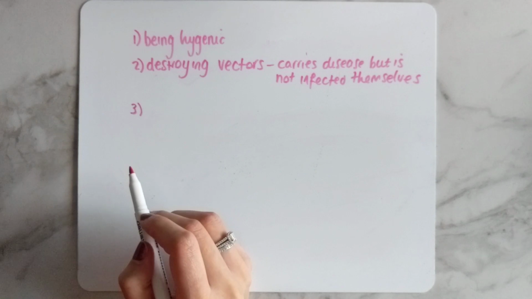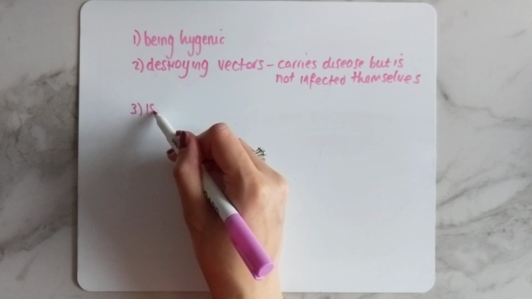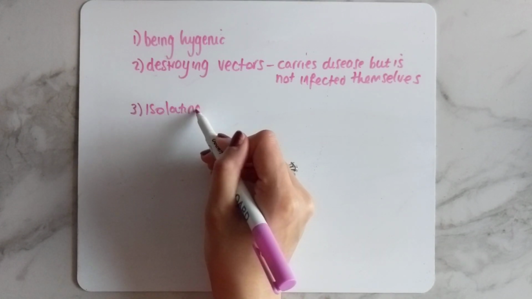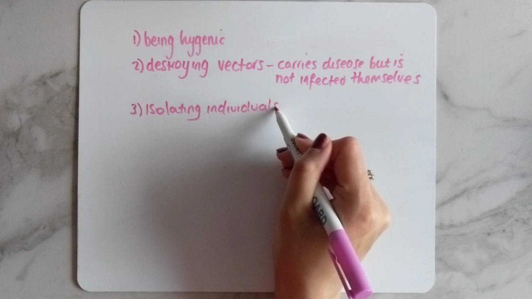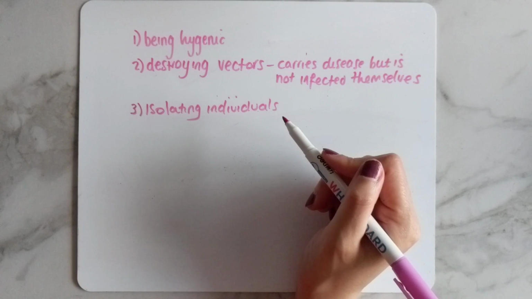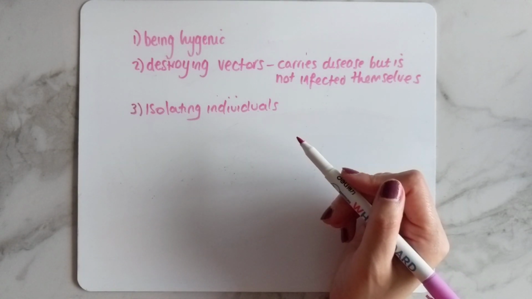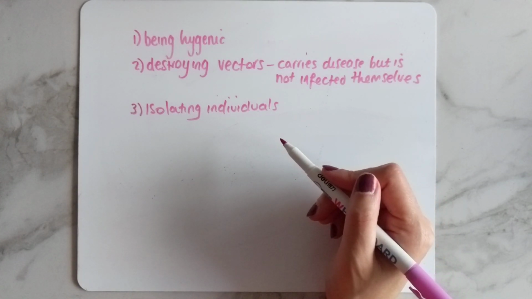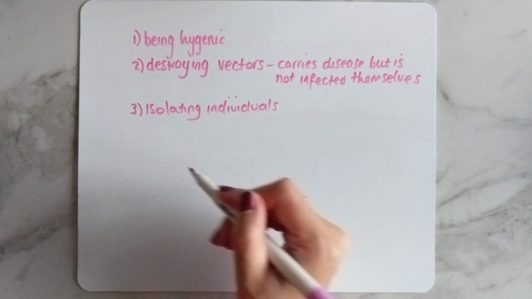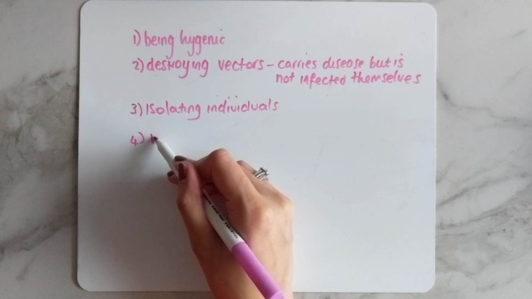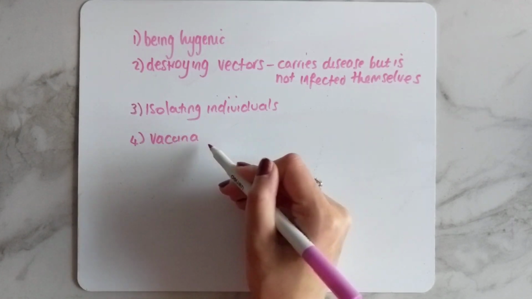The next thing is isolating individuals. So, for example, if somebody had Ebola, what we would have to do is quarantine them, isolate them, not come into contact with them so that that disease cannot be spread any further. And then the last one is being vaccinated.